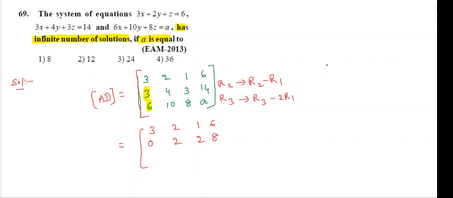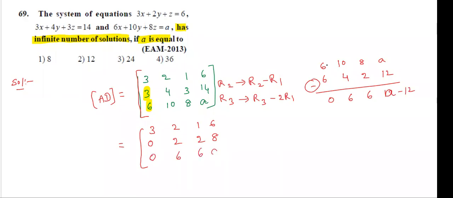R3 minus 2R1: first write here R3, 6 10 8 A. 2R1, R1 row multiplied with 2, this is 12. Now subtract both: 0, 6, 6, A minus 12.